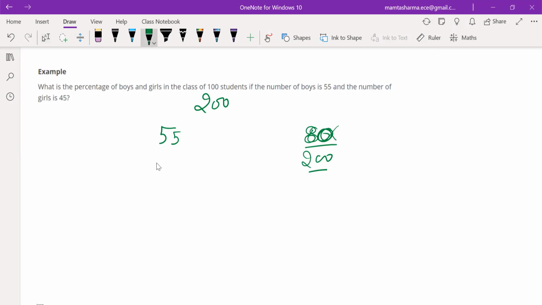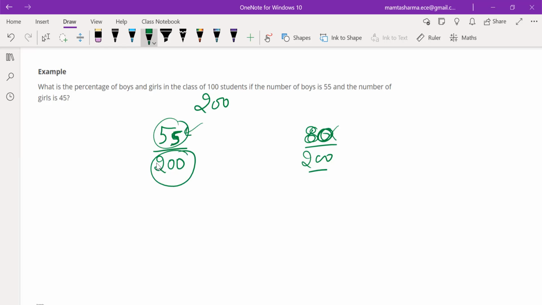So every time to calculate the percentage, you have to divide the given number with the total number. Don't be confused, always divide the given number with the total number to find out the percentage.